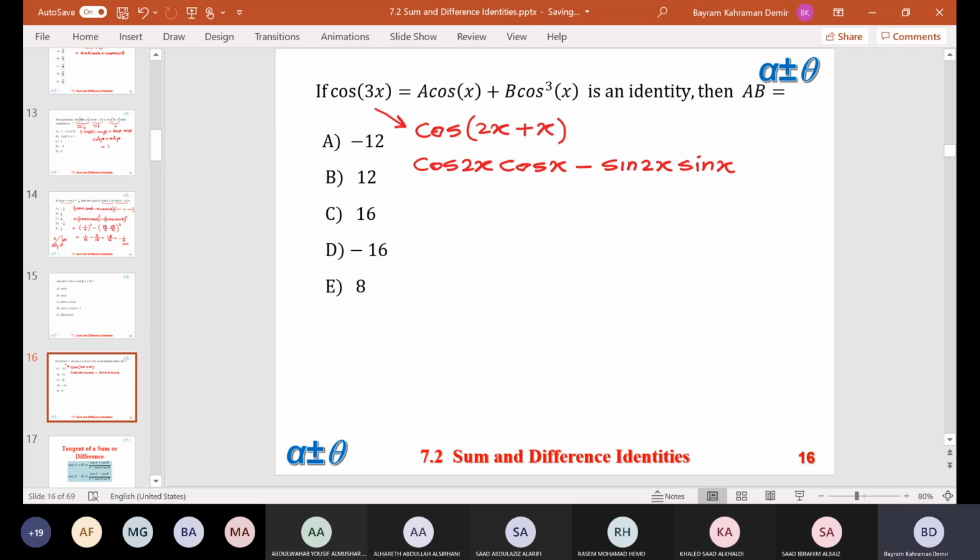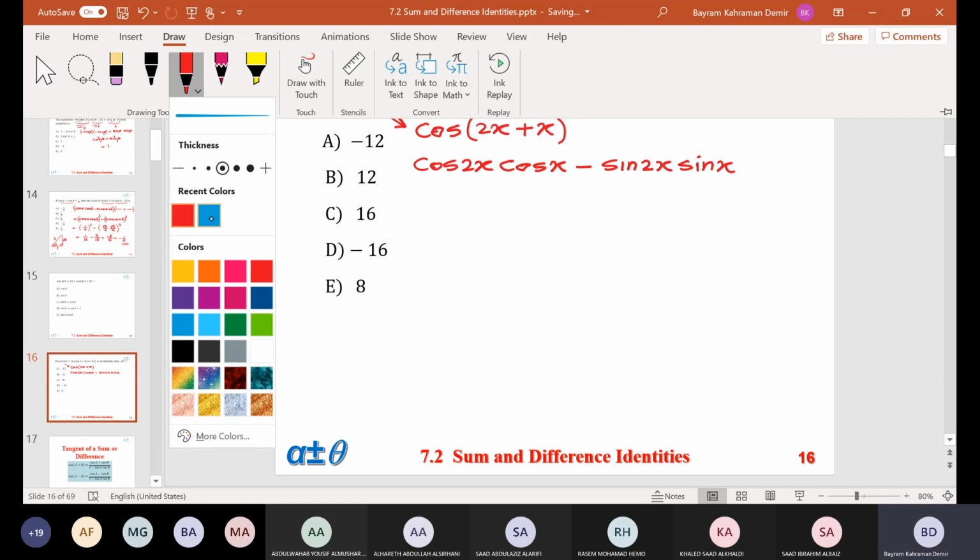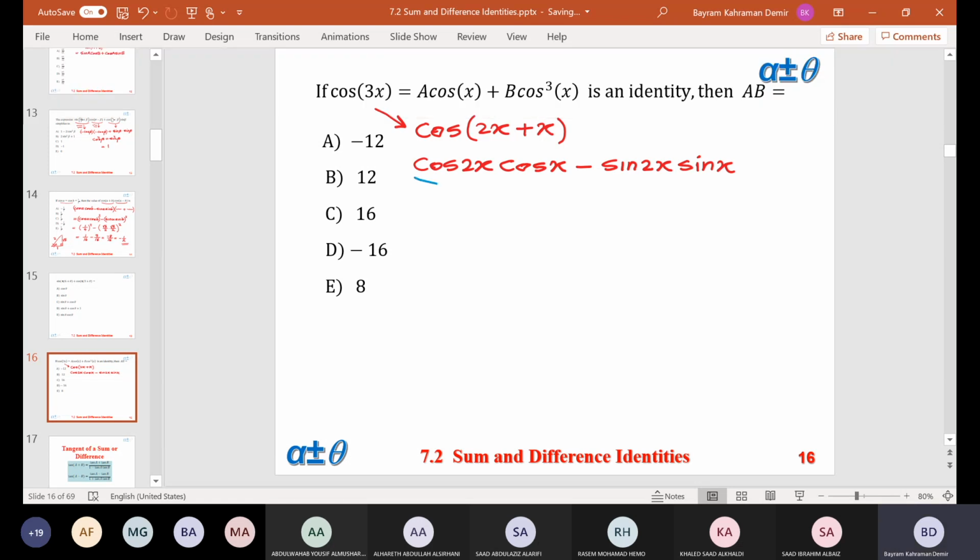Now cosine of 2x, let me change my color maybe. So cosine of 2x here, just please write it as cosine of x plus x.